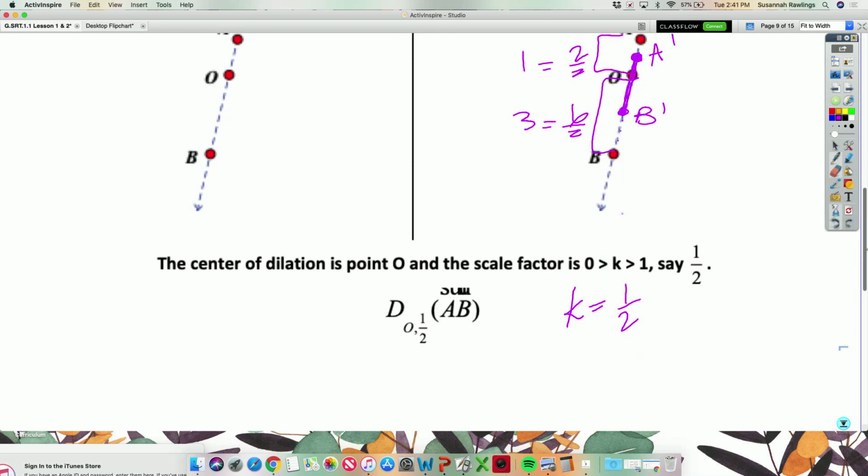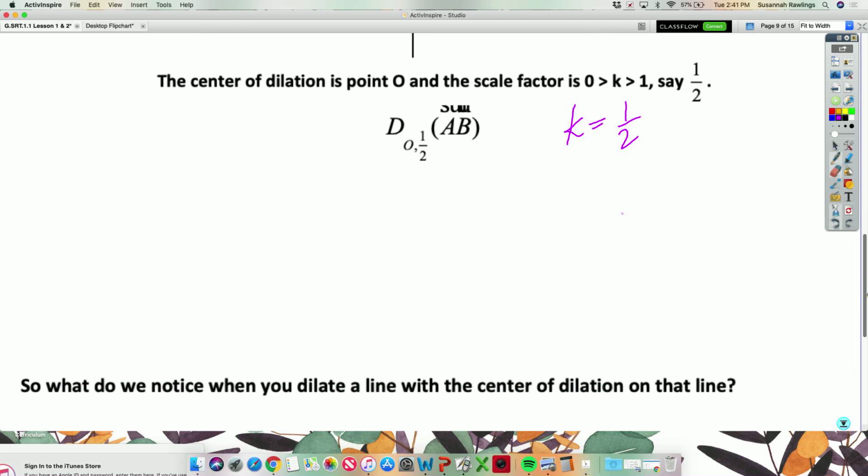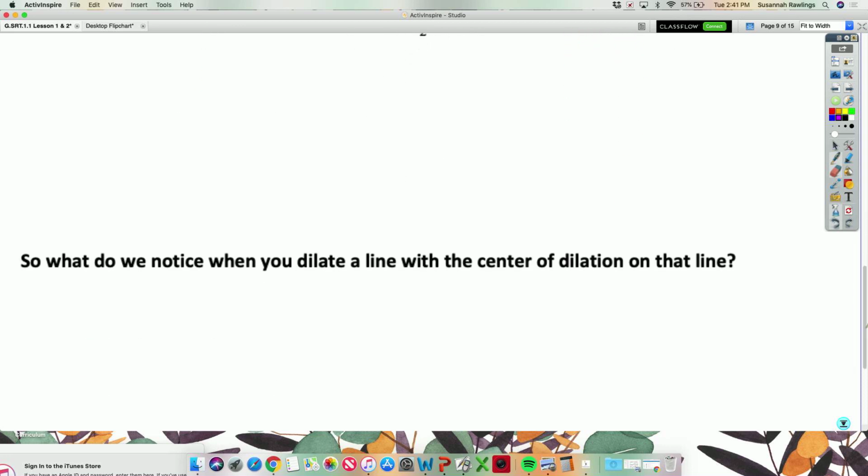Okay, so at the bottom, we're just going to summarize that, maybe. So what do we notice when we dilate a line with the center of dilation on that line? What do we notice? Stay on the line. It stays on the line. I'm going to say the points stay on the line.